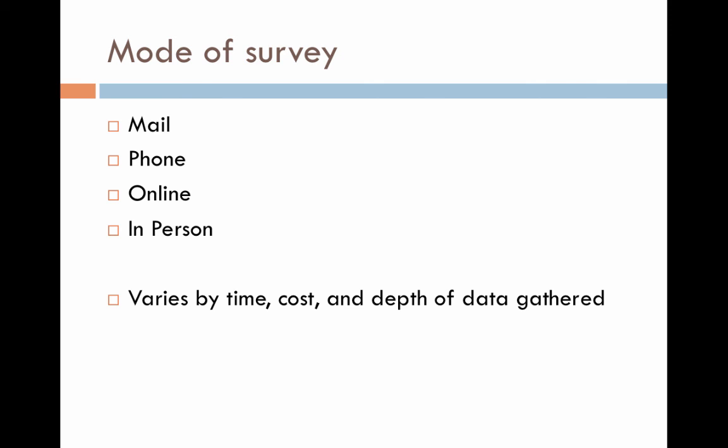You might get better results and better response rates from doing it on the phone or through the mail. If you're trying to reach 15 to 25-year-olds, online probably would be better than phone or the mail. In person might be good if you're looking for people shopping at a particular store or in a particular geographic location, because then you know they're there. And so these are things to keep in mind when we think about survey design and administration.